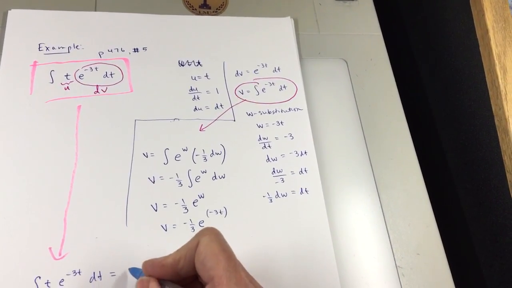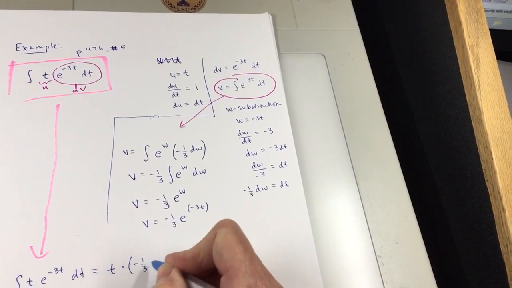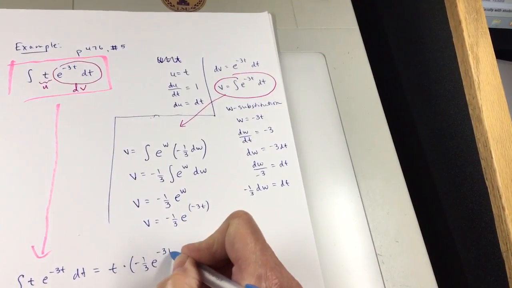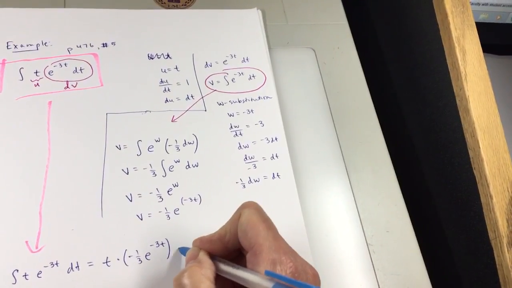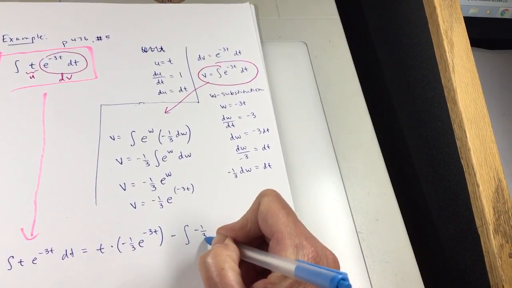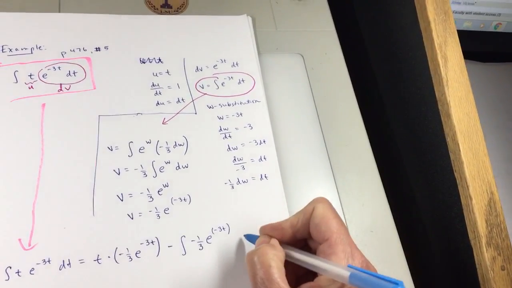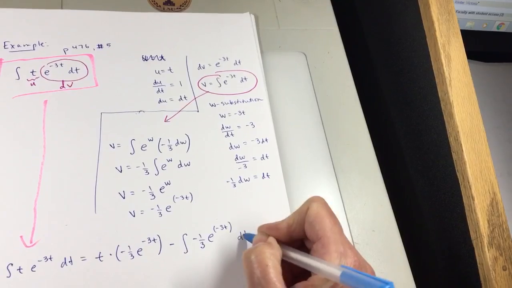Okay, u equals t, and v is negative 1/3 e to the negative 3t. U times v minus the integral of v, which is negative 1/3 e to the negative 3t, du, and that's dt.